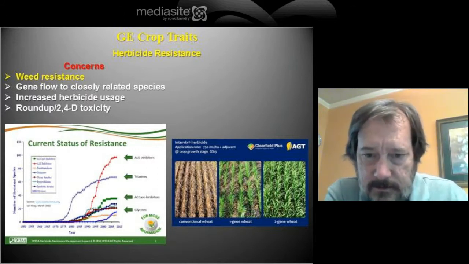The glycines on the bottom would include glyphosate. And you can see in the mid-90s that number started to increase, and that's when we started using genetically engineered crops, in the mid-90s. But still, we don't have as many resistant species as we do to several of these other types of herbicides or classes of herbicides.